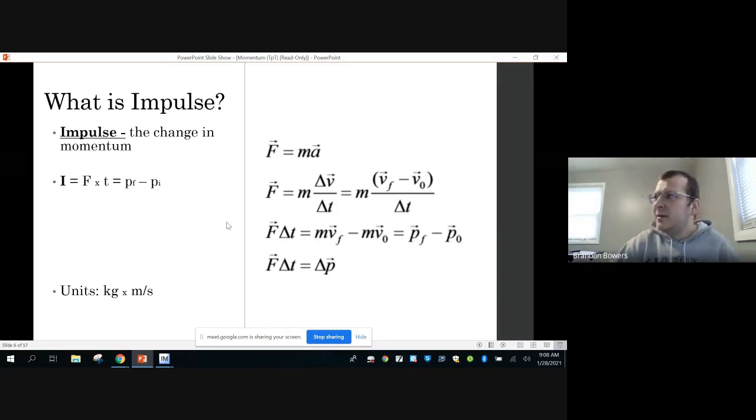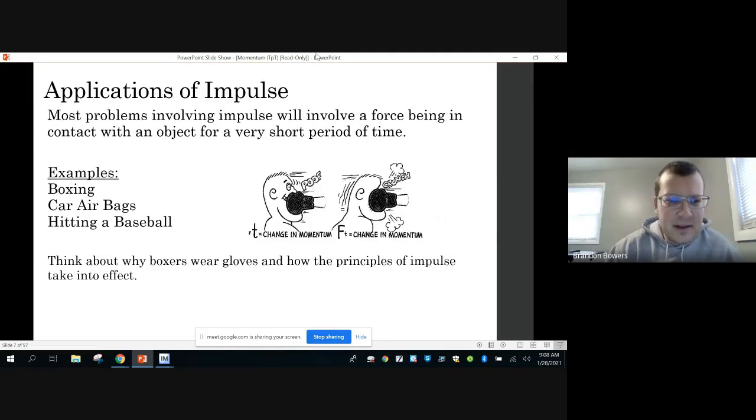Now, these are some applications. Most problems involving impulse will involve a force being in contact with an object for a very short time. An example is boxing. People wear gloves because it increases the amount of time for a punch, so that they don't get hurt.